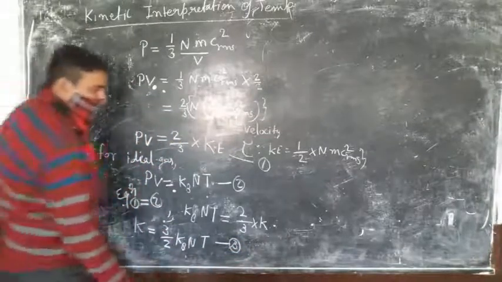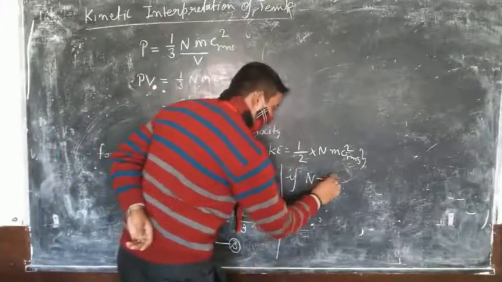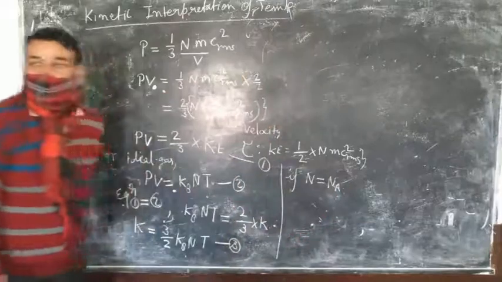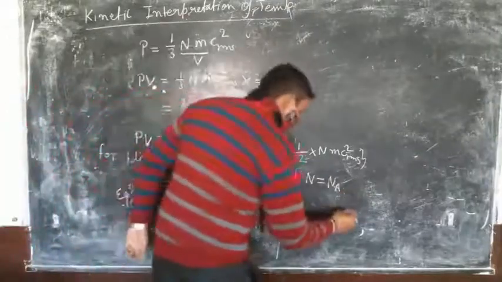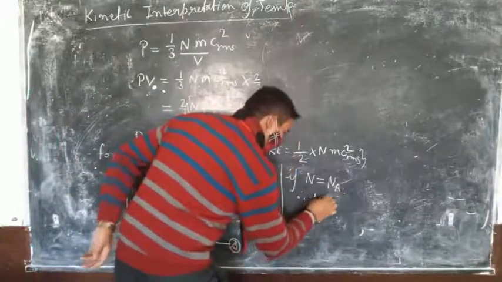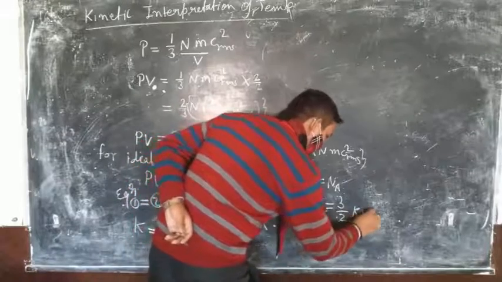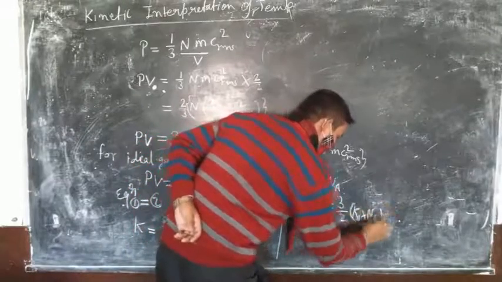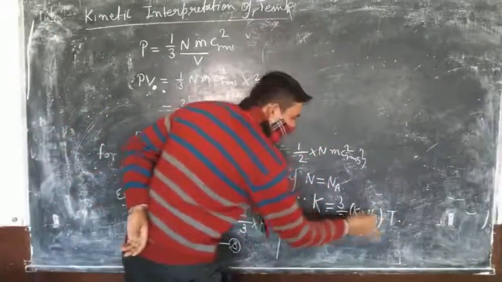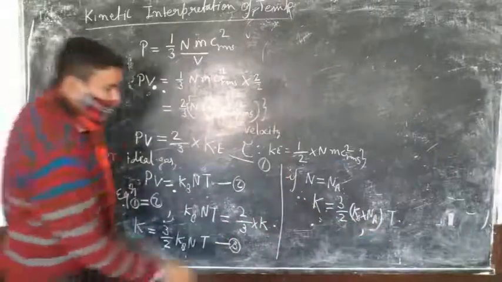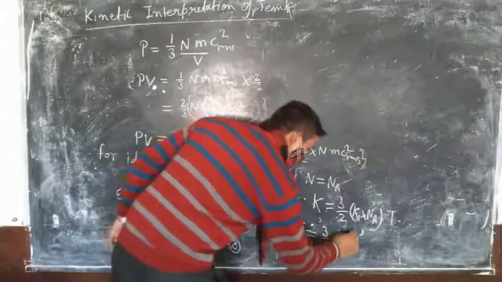Now if we use in place of n, N_A, that is the Avogadro number in 1 mole of gas, we get the kinetic energy is equal to 3 by 2 KB into N_A into T. Now this KB into N_A becomes equal to R. So this gives K is equal to 3 by 2 RT.